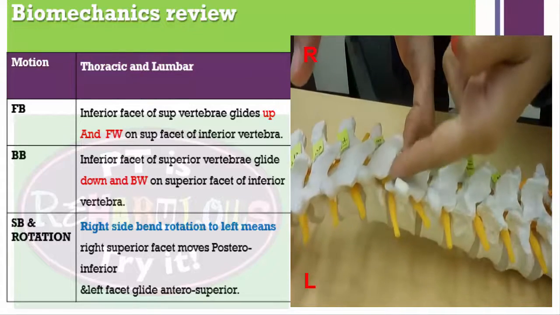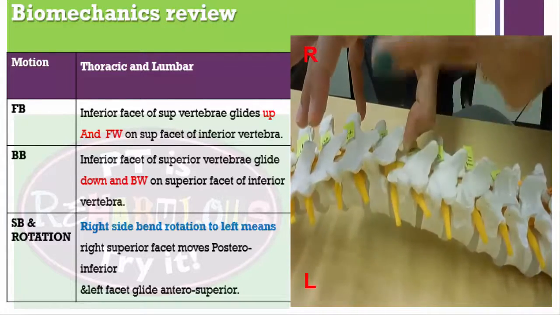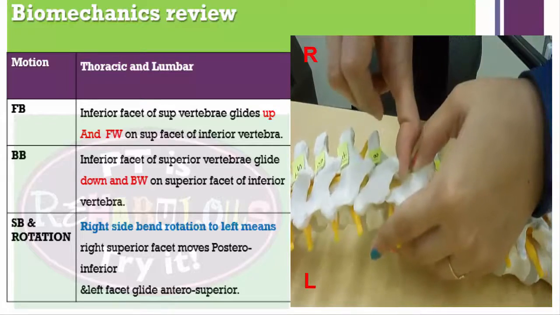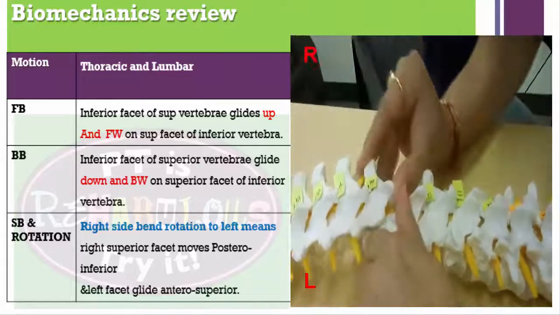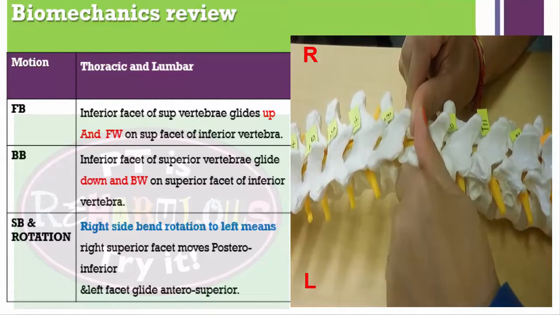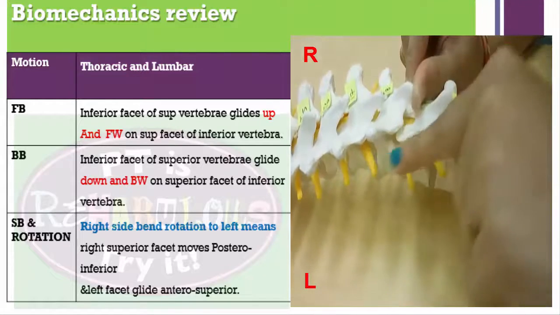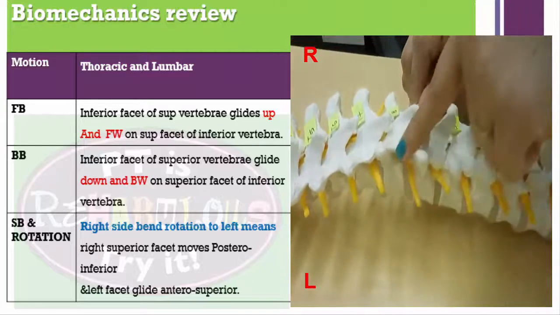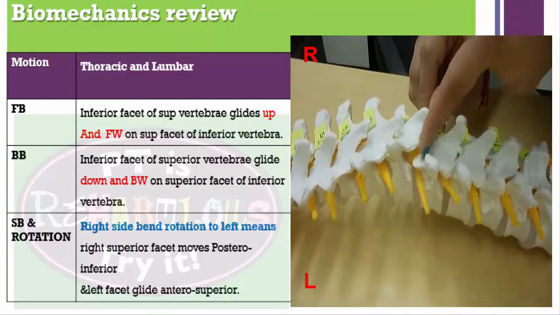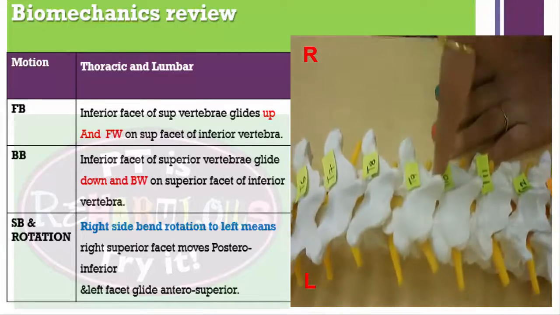In flexion, the inferior facet of the superior vertebra is going up and forward, anteriorly or superiorly, on the superior facet of the inferior vertebra. This is the superior facet of the inferior vertebra.